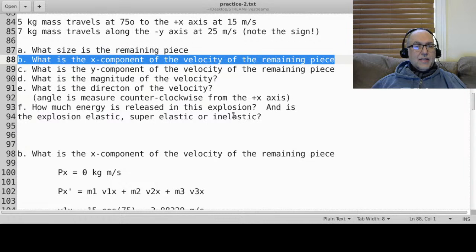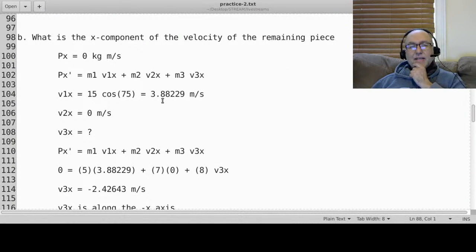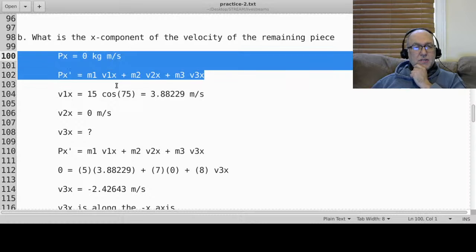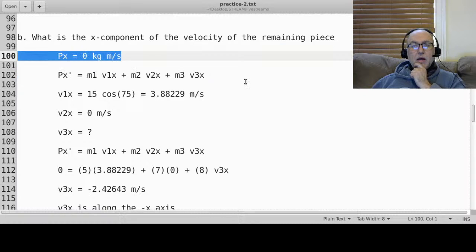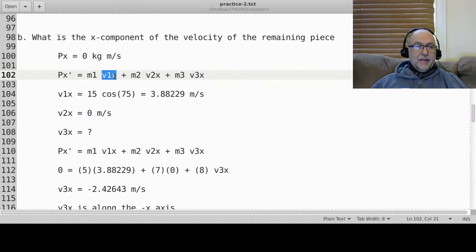Okay, so what's the x component of the velocity of the remaining piece? Okay, well, it's slightly different now. These two are still the same. I mean, you still start off with no momentum in the x direction before, and you still have the same functional form for the x component of the momentum after the explosion. But what's changed is the value of v1x.